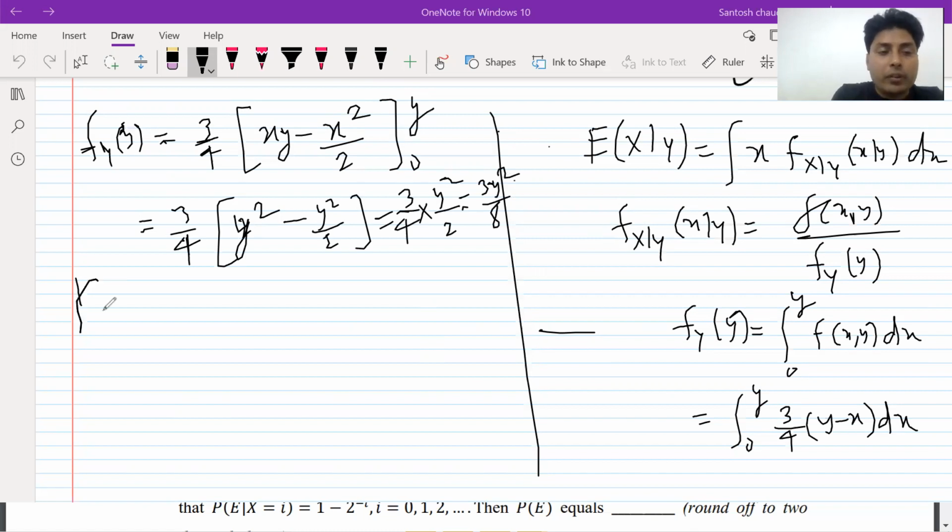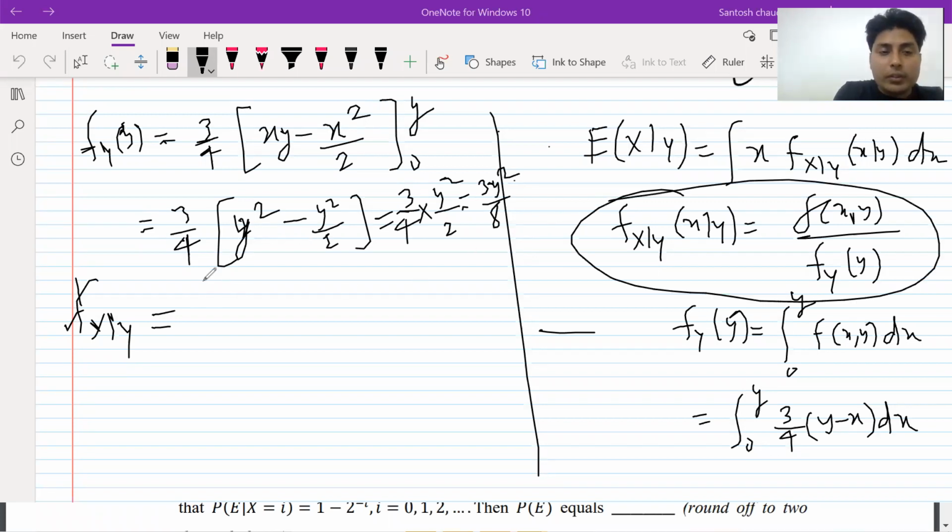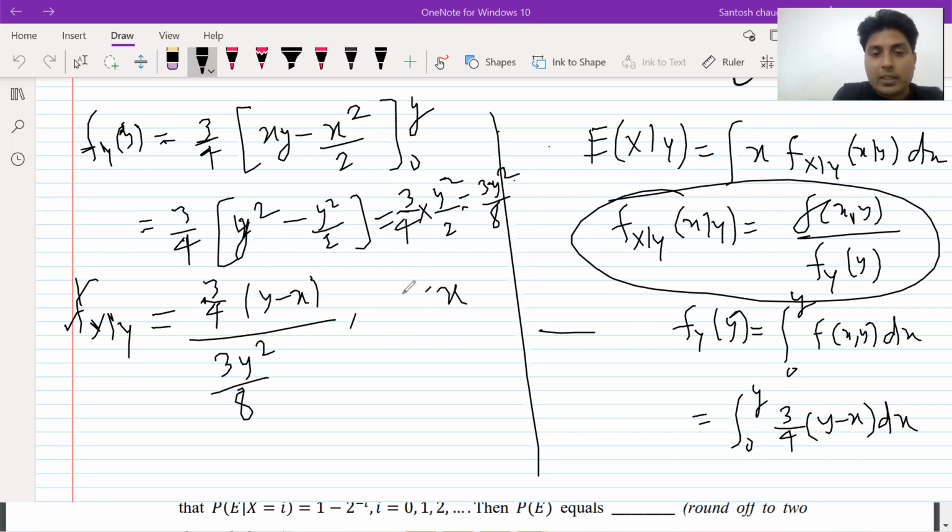So let's find f of x given y is equal to 1. First x given y. According to the formula, this was 3 by 4 (y minus x) upon 3y square by 8, and the limit of x is now 0 to y.